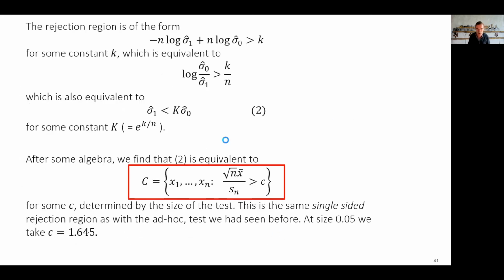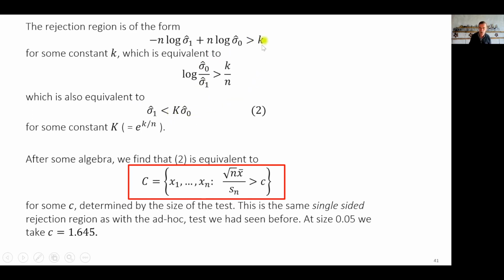So the rejection region, if we want to use the generic form of a likelihood ratio test, will say when the difference of likelihoods is larger than some threshold, I will reject, which, after some massaging, is equivalent to saying that the ratio of the two sigmas is less than some threshold.